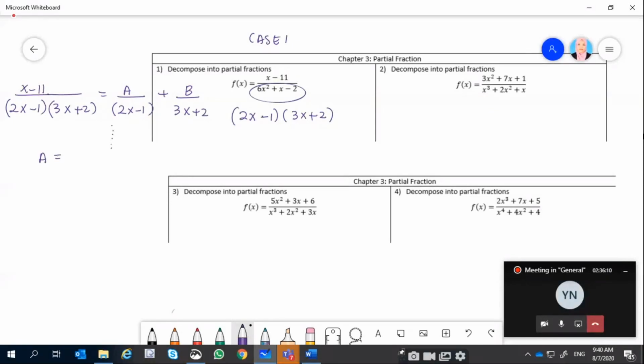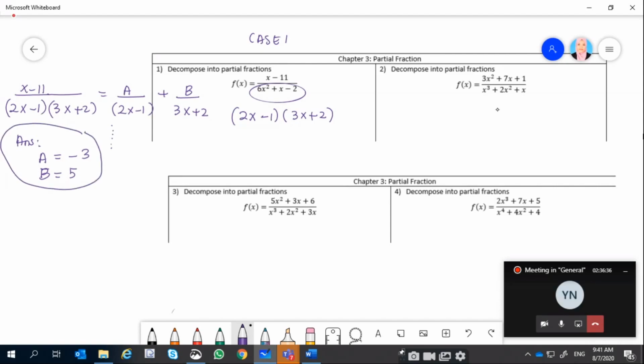I just share here the final answer, you can check it later. Please complete all these 4 exercises so that you will be familiar with this question. B equals 5. This is the answer for the first question.